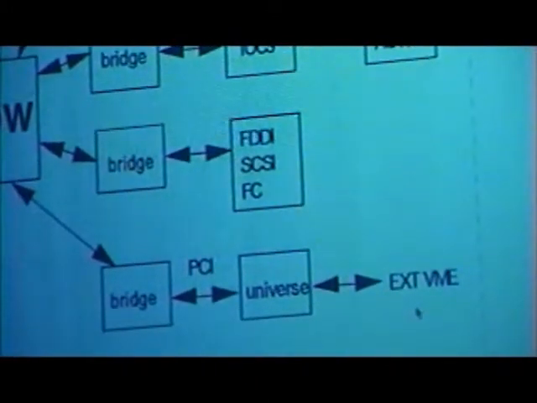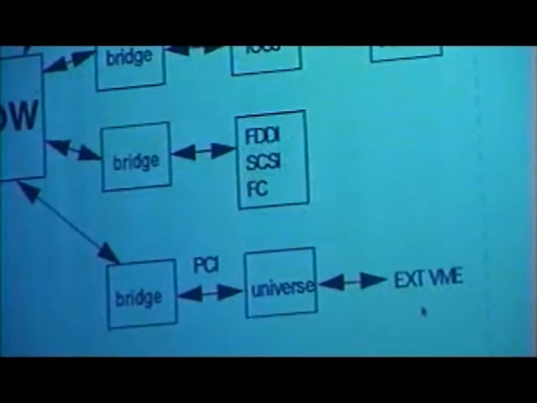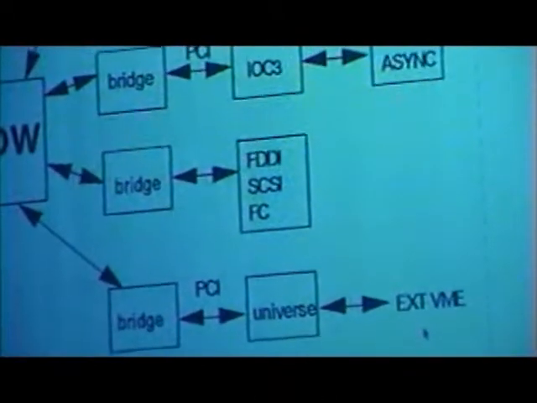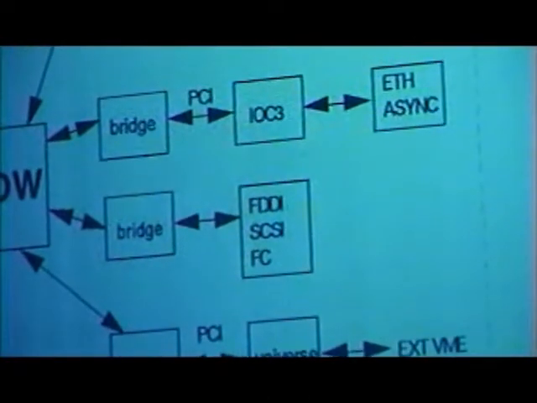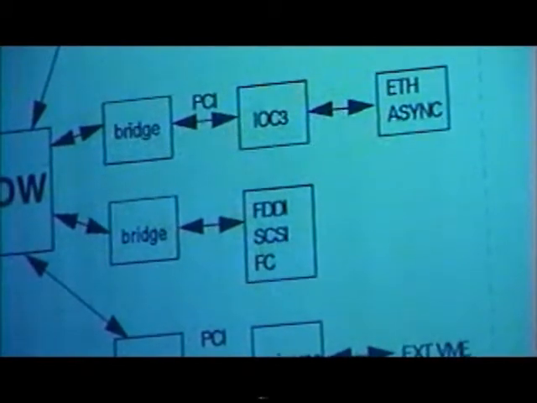IRIX, SGI vendors or users generally use VME buses for data acquisition devices. In older days, we may have had disk drives out there and stuff like that, but nowadays it's really data acquisition devices. How many people have watched hockey nowadays? And you get a little white spot that follows the hockey puck around. So they have a telemetry device in the hockey puck and then receivers in the auditorium.